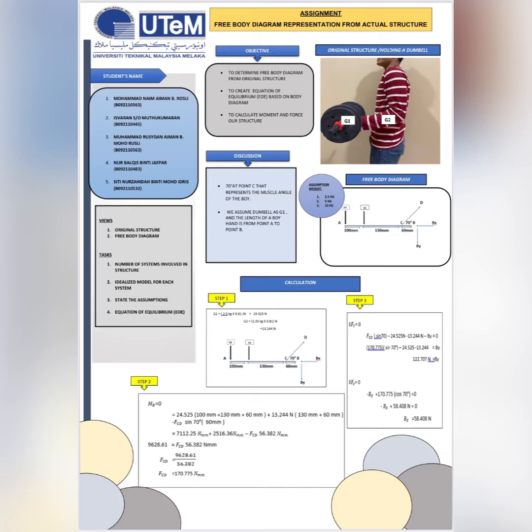Don't forget to take out FCD and put it on the left, because we need to calculate 9,628.61 divided by 56.382. So our FCD will be 170.775. Move to step 3, which is the last step for this FBD calculation.